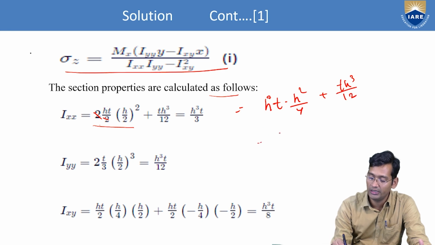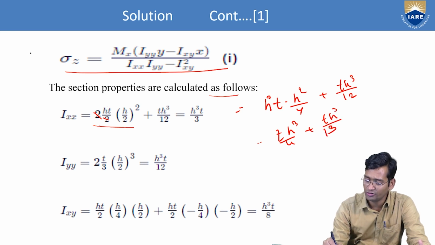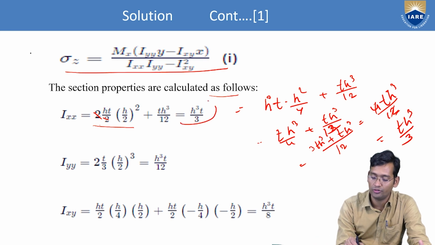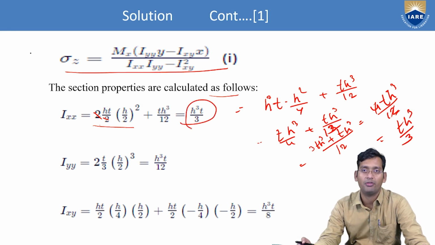So we get t h cube by 3. So now we have Ixx.